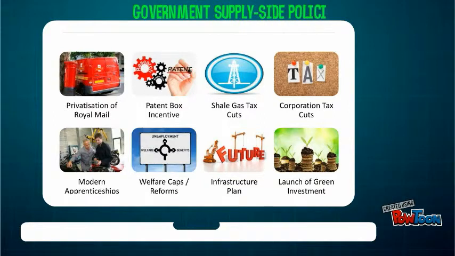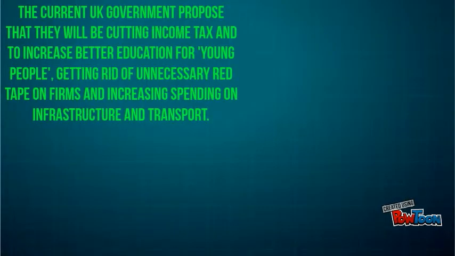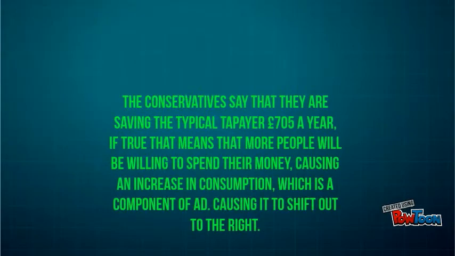Here are some examples of government supply-side policies. I'll talk about these soon. The current UK government proposed that they will be cutting more income tax, increasing better education for young people, getting rid of unnecessary red tape on firms, and increasing spending. The Conservatives say that they are saving the typical taxpayer £705 a year.